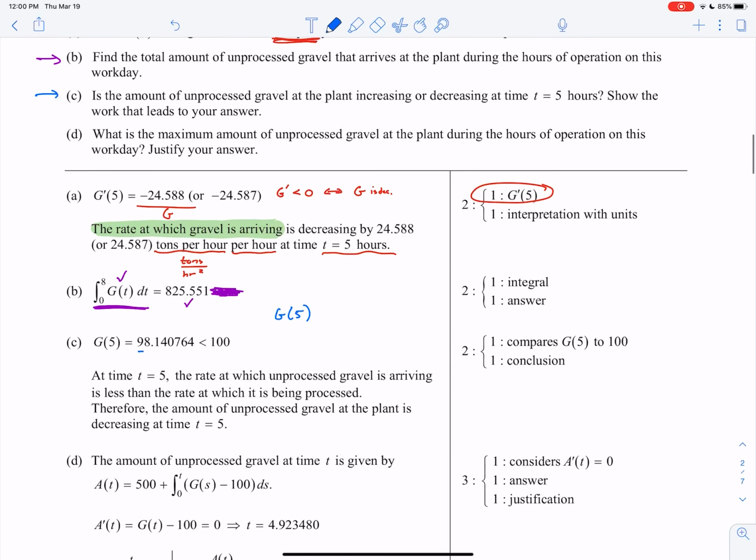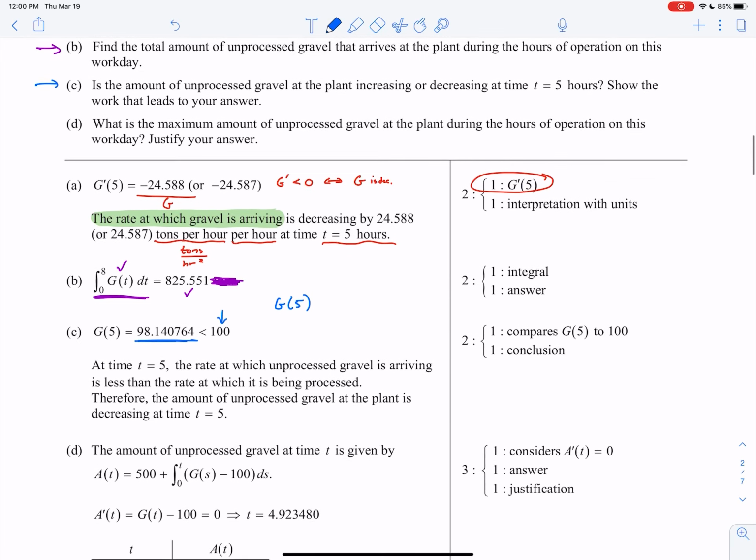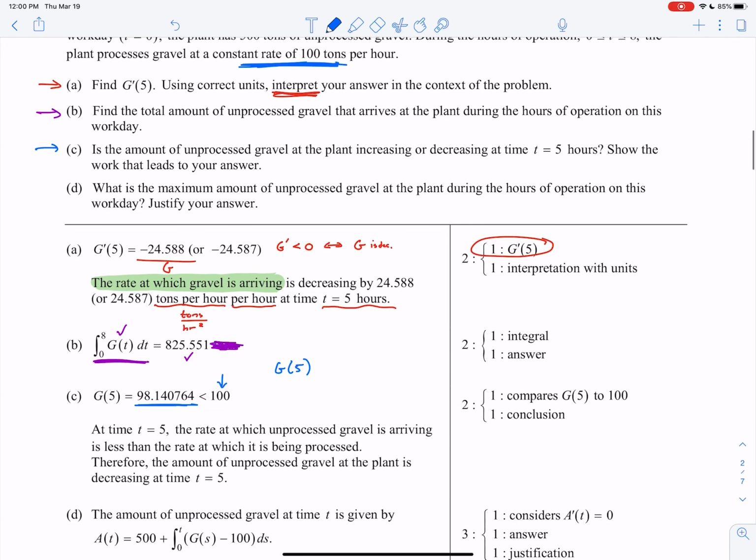G of 5 came out to 98. So the amount that they're processing is 100. So since that rate that is coming in is less than 100, we know that it has to be decreasing, okay? Now, some people might do it like this, G of 5 minus 100. If you actually do G of 5 minus 100 on your calculator, you will actually get something that is negative, less than 0.